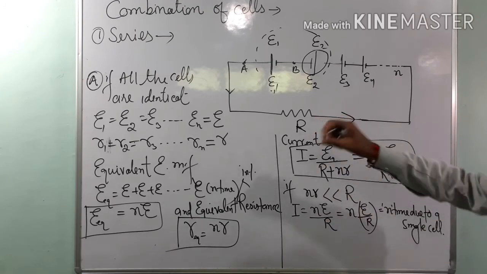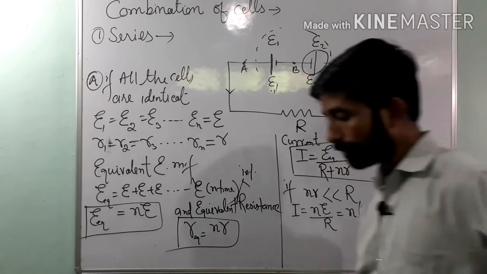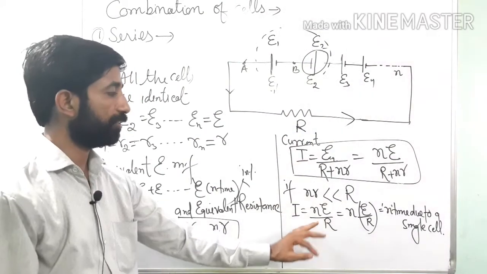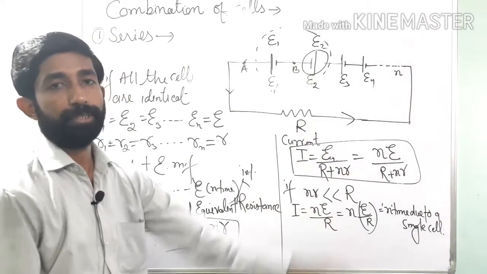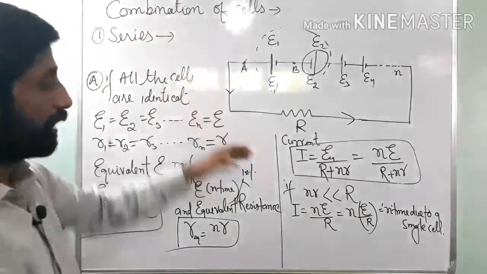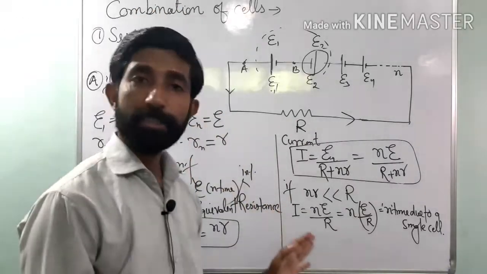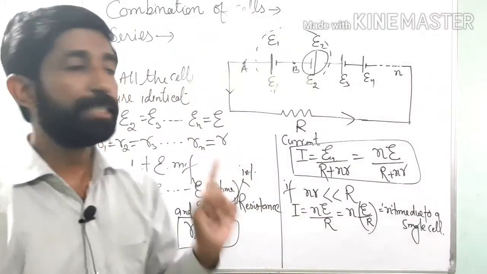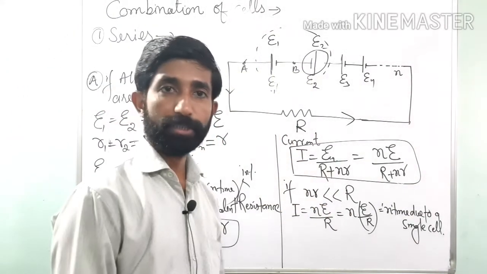Otherwise this combination is fruitless. So that is a bit conceptual, because the board raises questions conceptually from this segment only. Whatever you have done is necessary and mandatory as well. This forms a 1 mark question, so please especially focus on this.